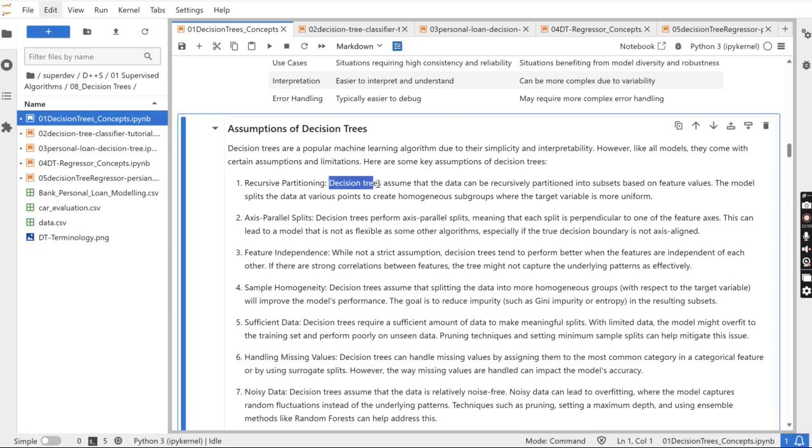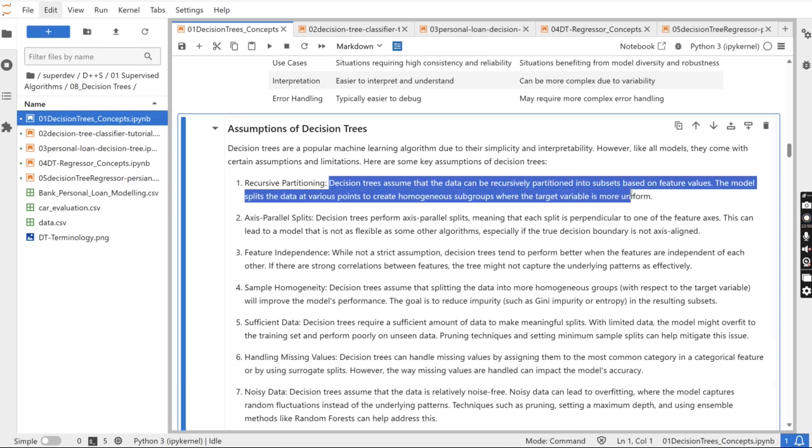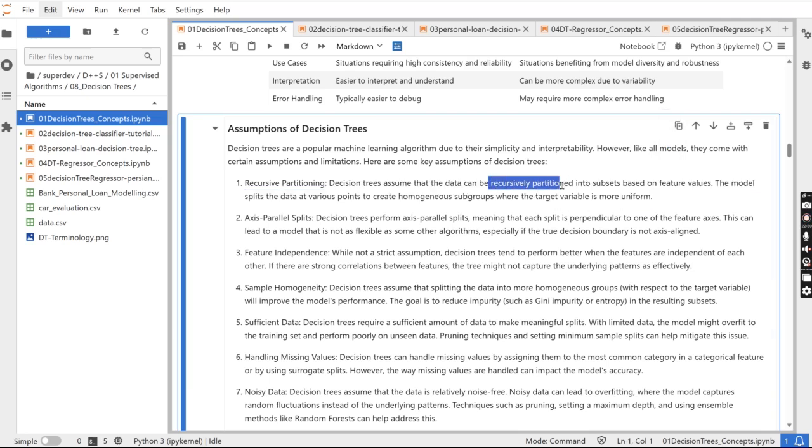So data cannot be highly unorganized, highly unstructured. You can't run a decision tree on top of highly unstructured data, because the decision tree has to recursively partition the data into subsets based on the feature values, and those feature values should follow a certain pattern. That is one assumption.